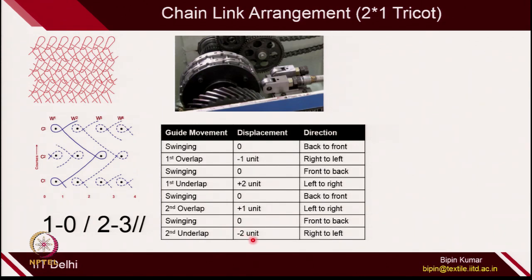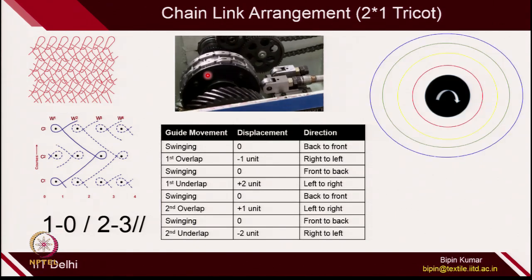When you start arranging the links on this particular drum, every link has a certain radius. You can imagine when this pattern drum is rotating, different concentric circles can be generated depending on the profile of the links.